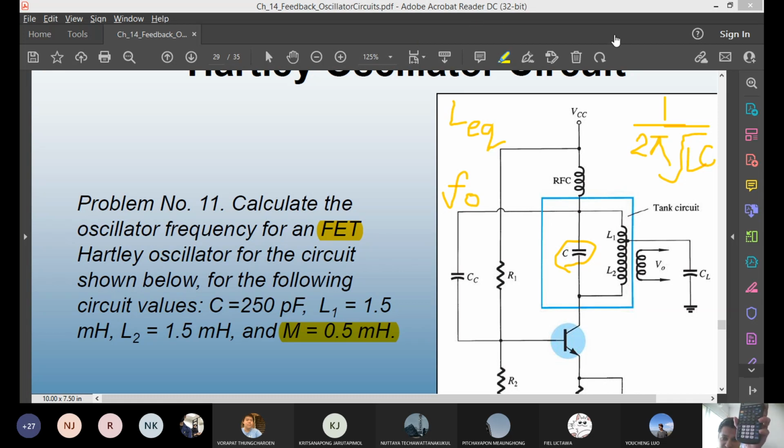You don't have to inverse it. The formula is 1 over. Or you can just take 1 over already in the calculator.